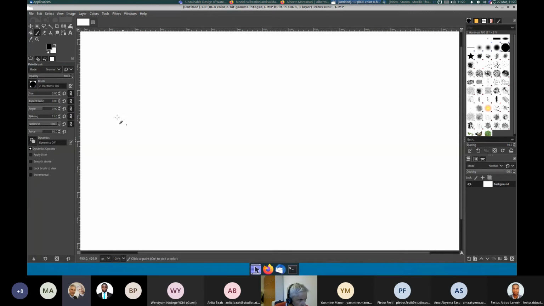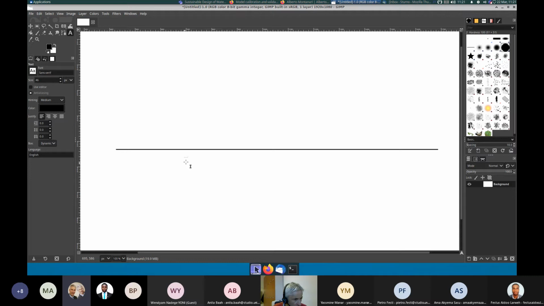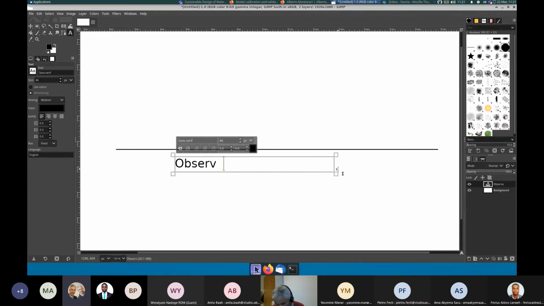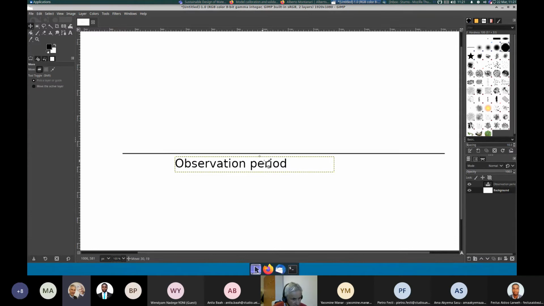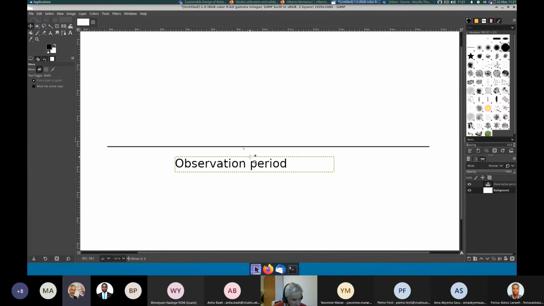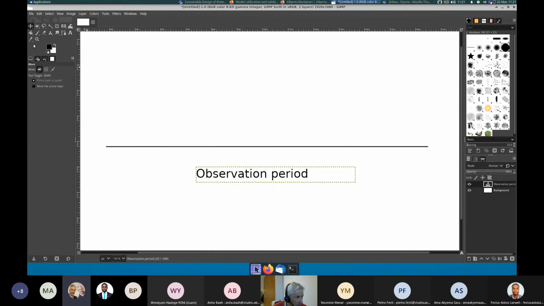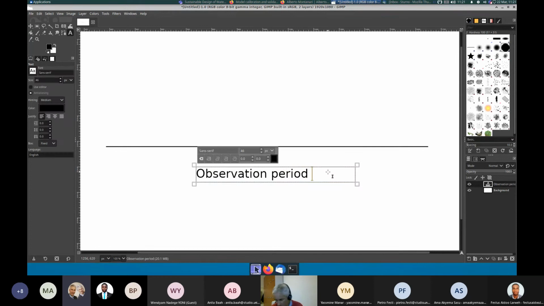Let me draw a straight line, which is my observation period. Okay, good. This is my observation period, and let me just move this to show years.